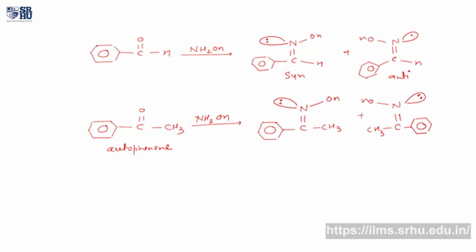So this is a very interesting thing to understand. But how will you say which one is syn and which one is anti? In order to give the terms syn and anti, we should see the IUPAC nomenclature. The molecule is methyl phenyl ketoxime as per the IUPAC nomenclature.